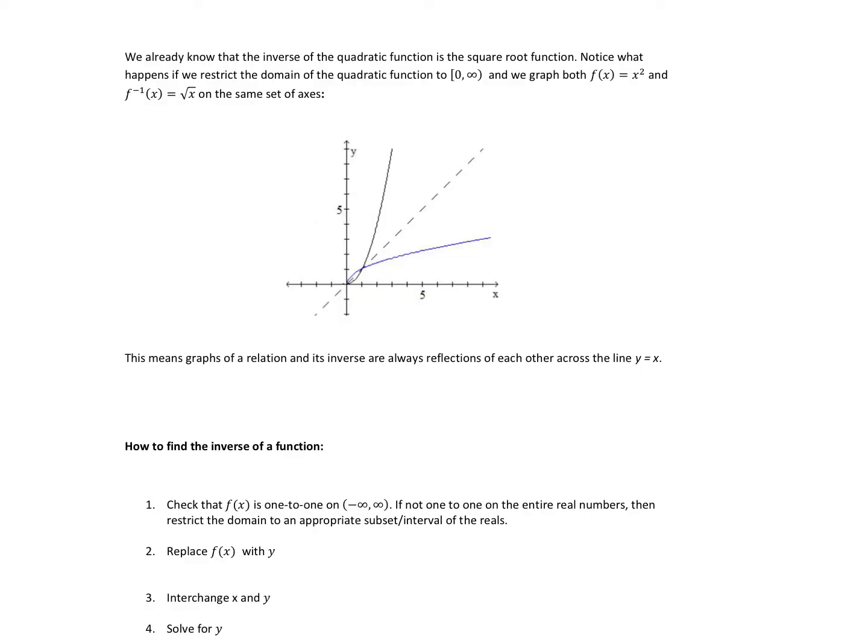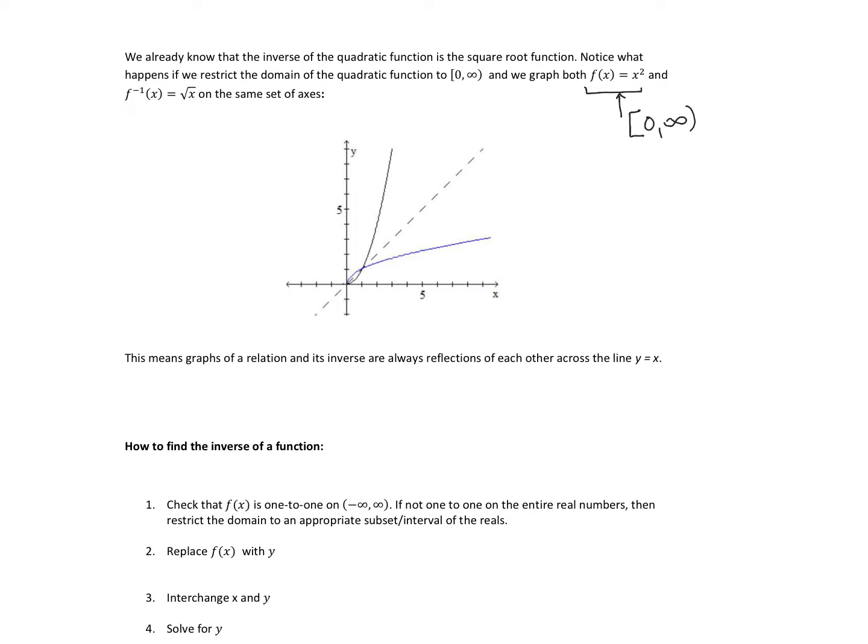So, in the previous video, we looked at how the function f of x equals x squared and f inverse of x is the square root of x are inverse functions. We did also notice that we needed to restrict the domain for our square to 0 to infinity so that the function was 1 to 1.